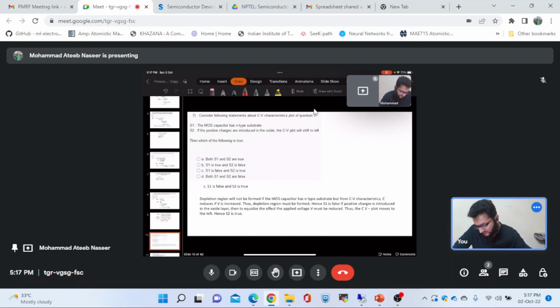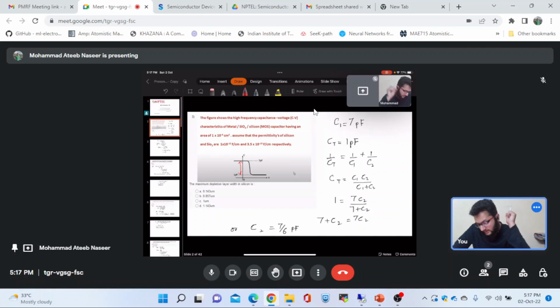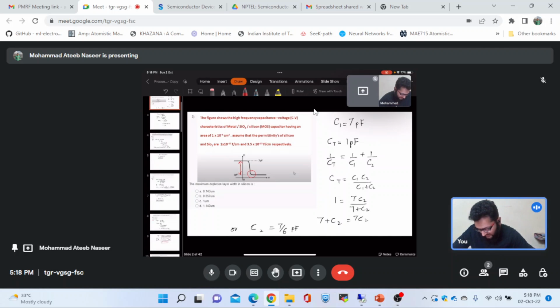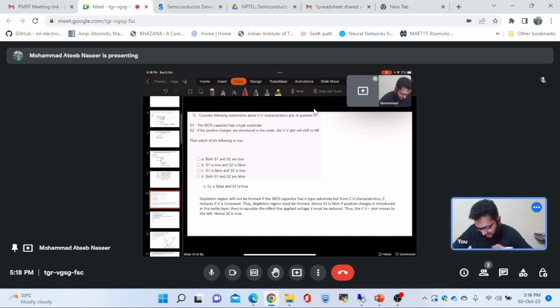So now let us see this question number 3 plot. As we can see in this plot, when the V is positive, we are getting the depletion. So what does this mean? This means that this is P-type substrate, because the depletion region will be formed only when we have applied the positive bias for the P-type substrate.